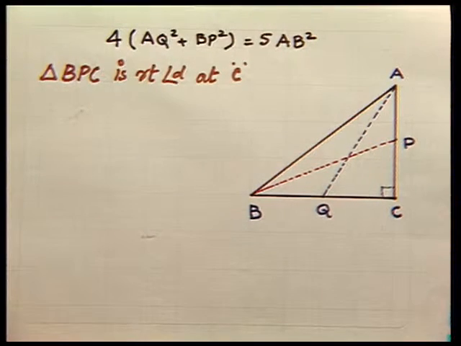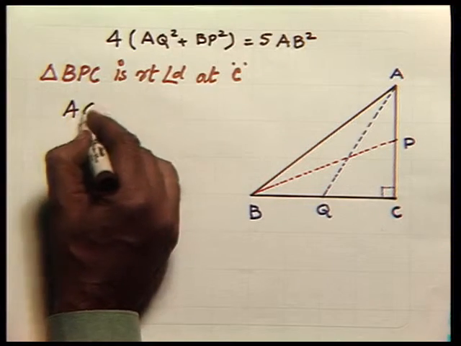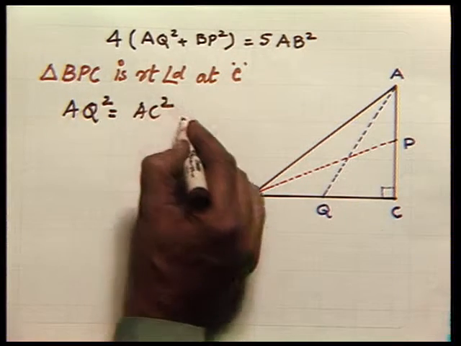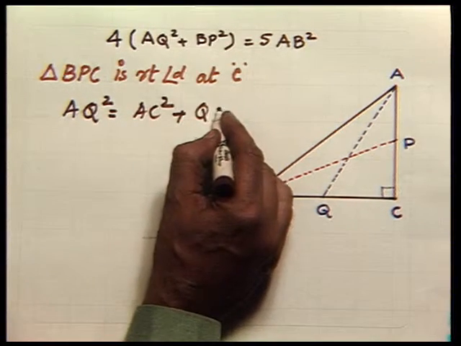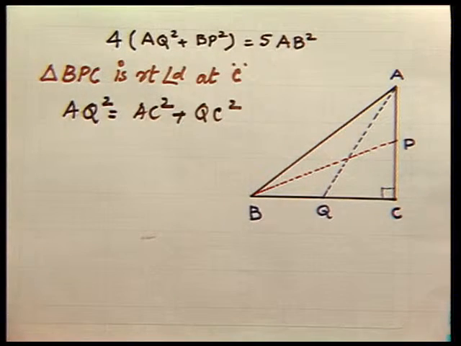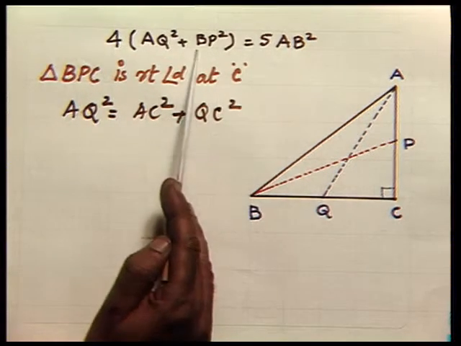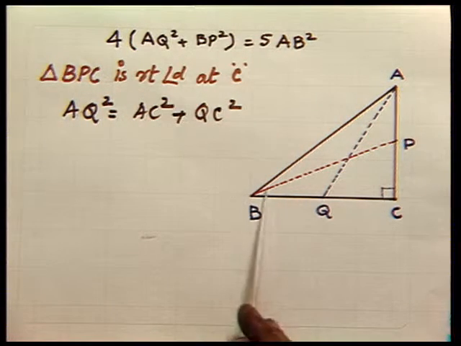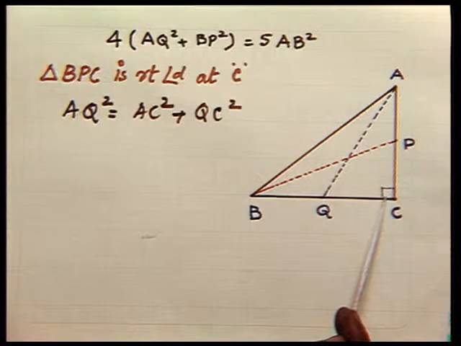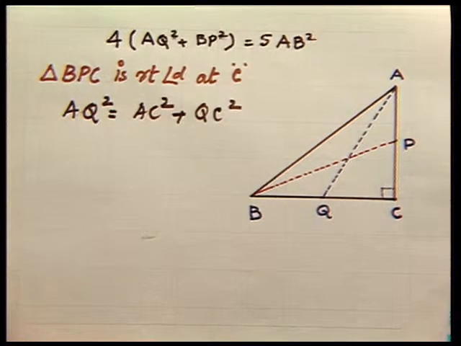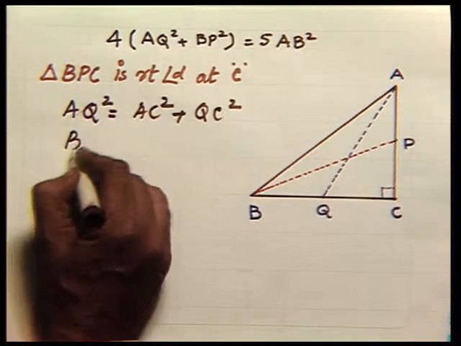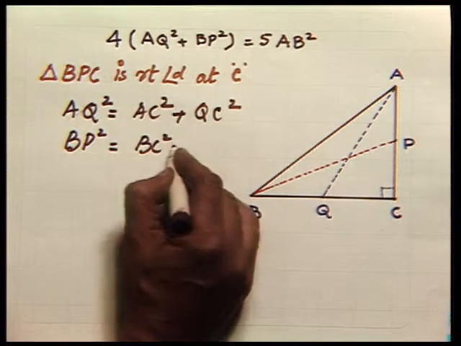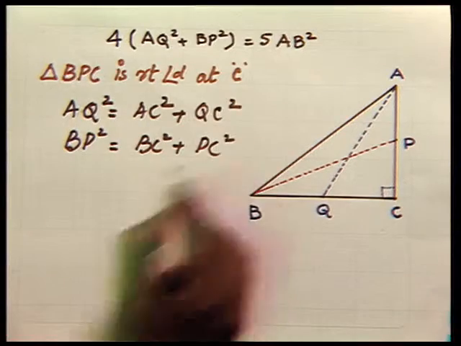So, we can write for that AQ squared is equal to AC squared plus QC squared. Similarly, BP is in the triangle BPC, and BPC is again a right triangle, right angled at C. So, we have BP squared is equal to BC squared plus PC squared.